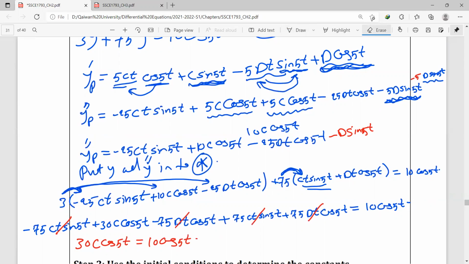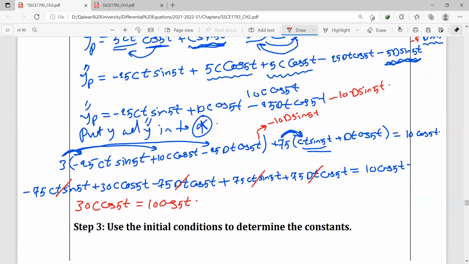So at the end we have minus 10D sine 5t, okay?